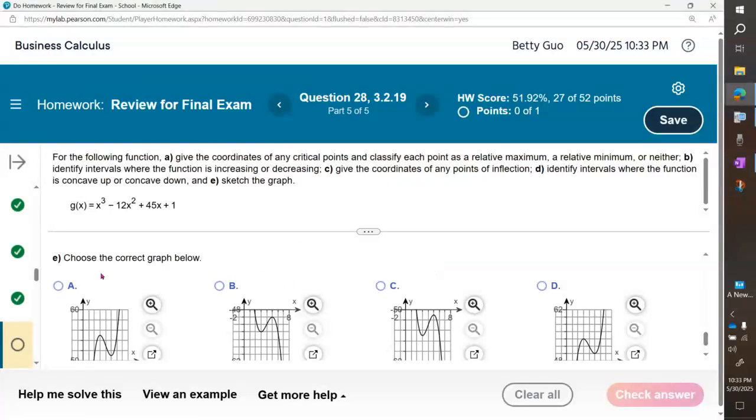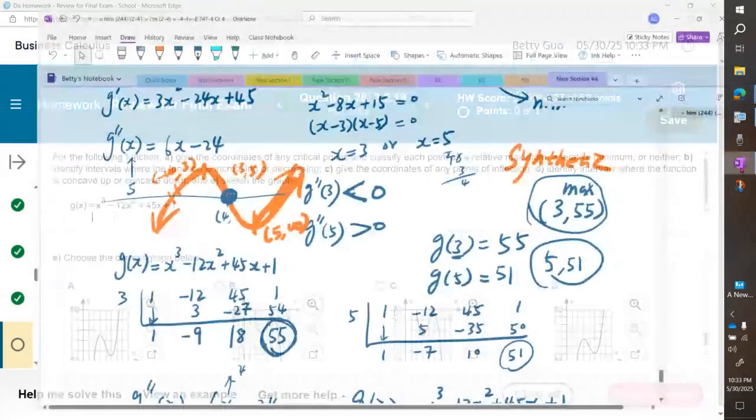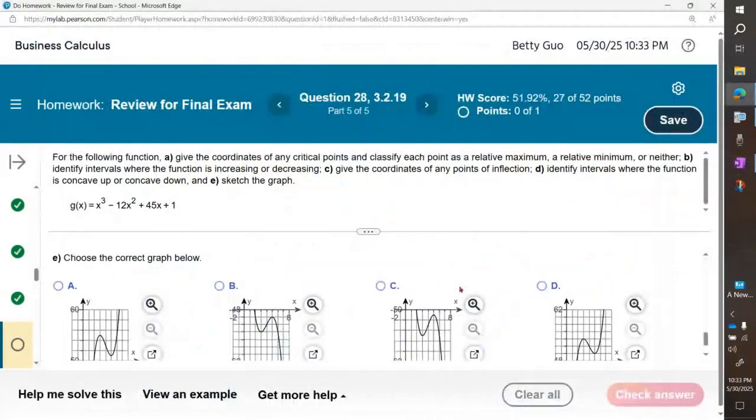We're not done yet. Part E, choose the correct graph. Which one? This one, D, right? Oops, I'm sorry. A and D do look similar, but the maximum is 3, inflection point is 4, minimum is 5.